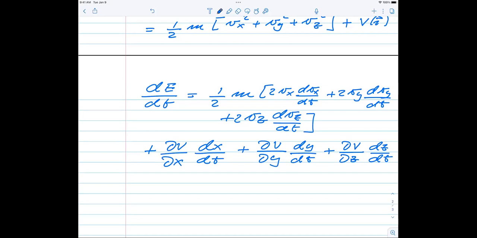So that's the derivative where we now take into account that this also contains the time dependence for the position in the same way as we had a time dependence for the velocity.